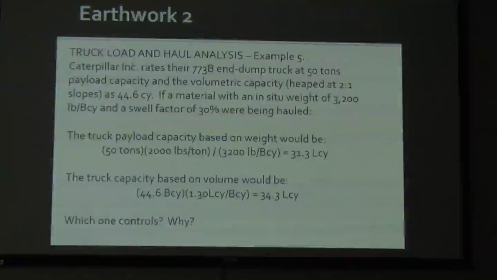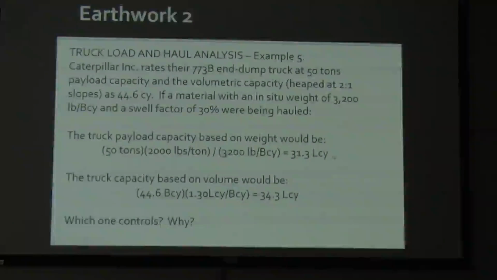Truck load and haul analysis example. Caterpillar rates its 773B end dump truck at 50 tons payload capacity, and the volumetric capacity heaped at 2-to-1 slopes as 44.6 cubic yards. If a material with an in-situ weight of 3,200 pounds per bank cubic yard, which is our unit weight, and a swell factor of 30% were being hauled, the truck payload capacity based on weight would be 50 tons times 2,000 pounds per ton, divided by 3,200 pounds per bank cubic yard, which is our density.